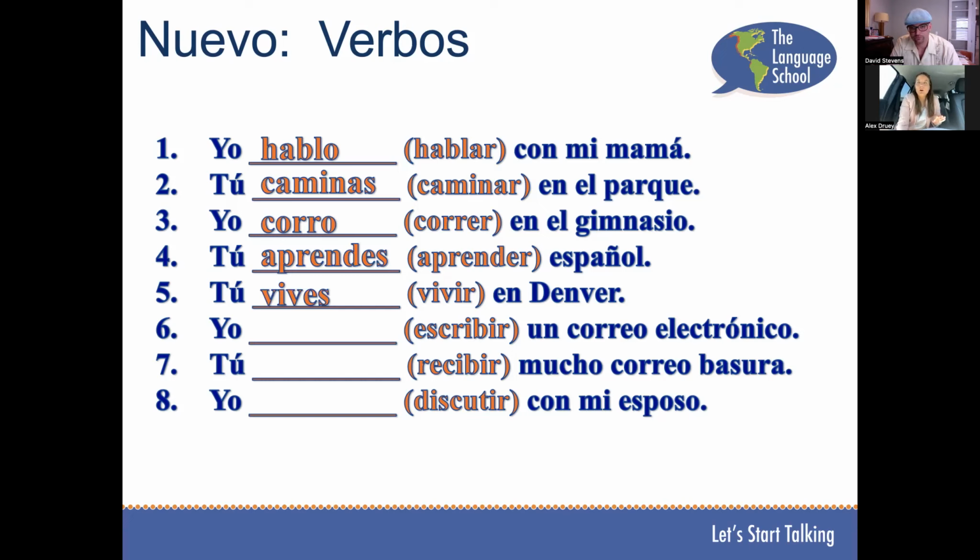Yo escribo un correo electrónico. Correo. Correo electrónico. Tú recibes mucho correo basura. Basura. Tú recibes mucho correo basura.